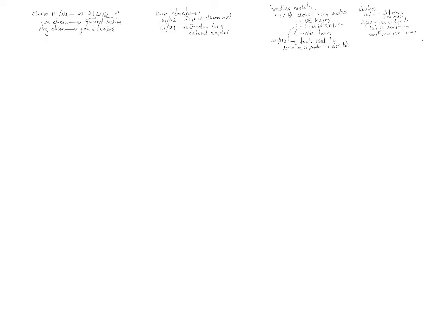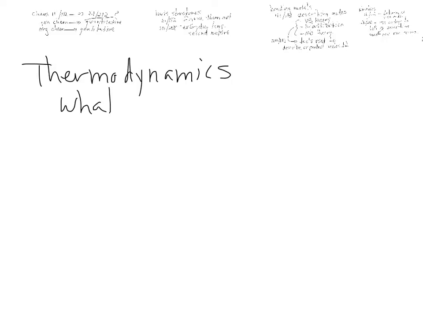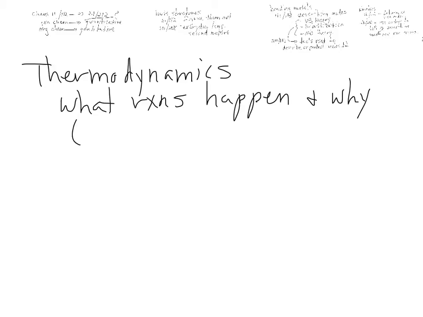And another major topic then was thermodynamics. I'm going to translate that word in a certain way, and that is what reactions happen. And why. This is also related to how. So in 111 and 112, you're presented with a whole reaction.